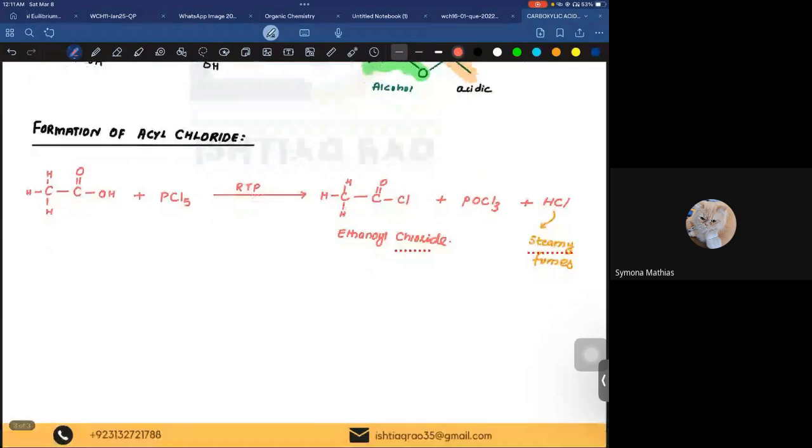We can also use PCl3 as a reagent rather than PCl5.